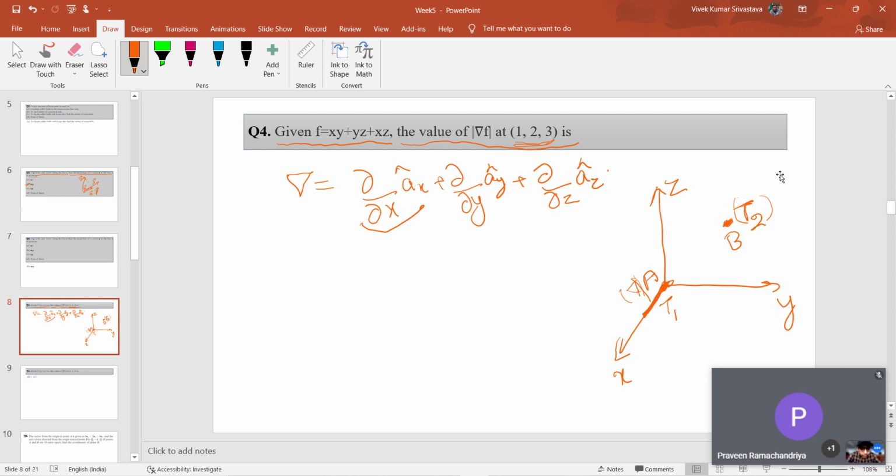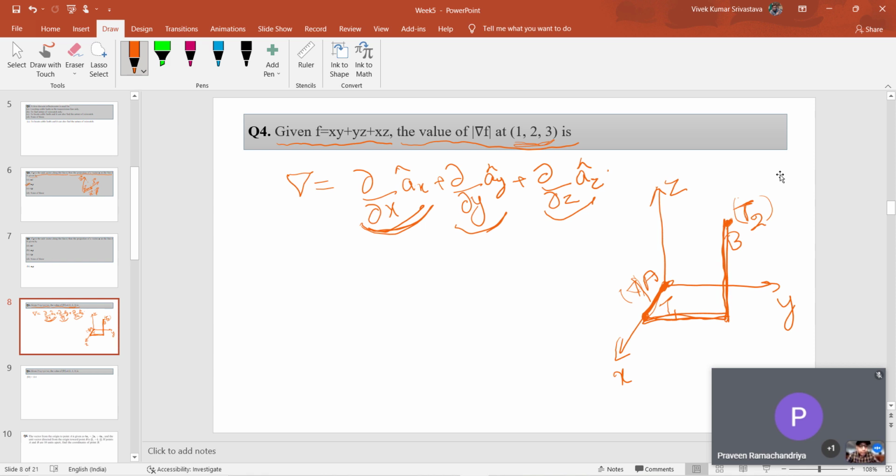Del by del x basically represents that this much change is required towards the x axis. Similarly, del by del y represents this much change is required towards the y axis, and del by del z represents this much change is required towards the z axis.